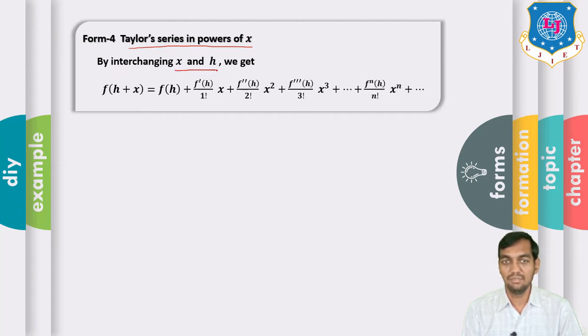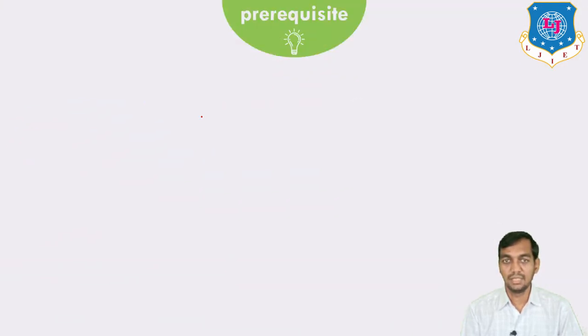That means in form 3 we interchange h and x, and then we get f(h plus x) is equal to f(h) plus f'(h) upon 1 factorial x plus f''(h) by 2 factorial x square plus f'''(h) divided by 3 factorial x cube, and so on, f^n(h) divided by n factorial into x raised to n. That means if you have to obtain the Taylor series in powers of x, then we are going to use this form. Okay?